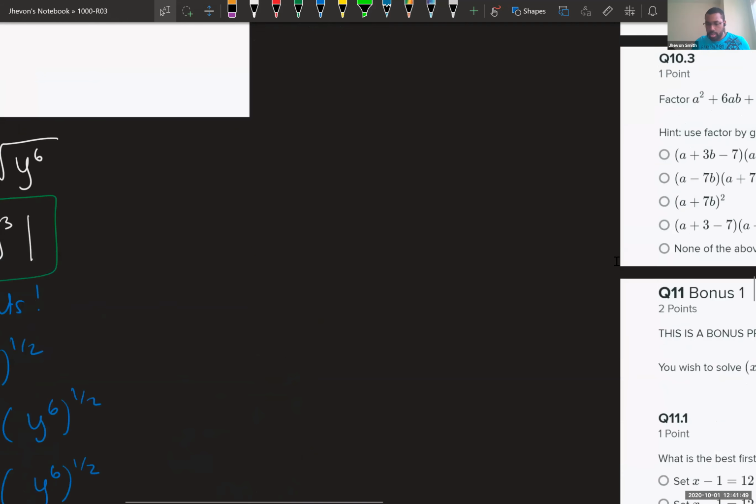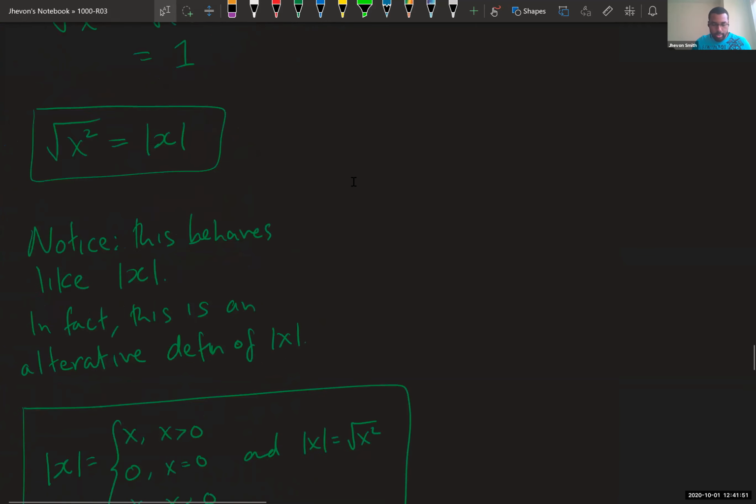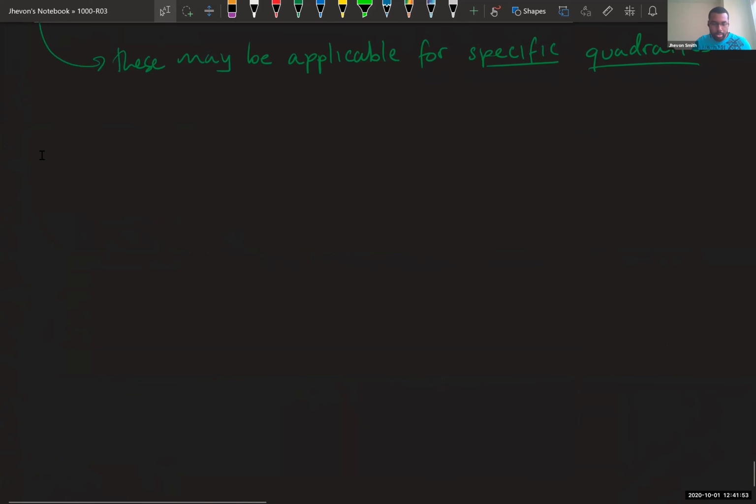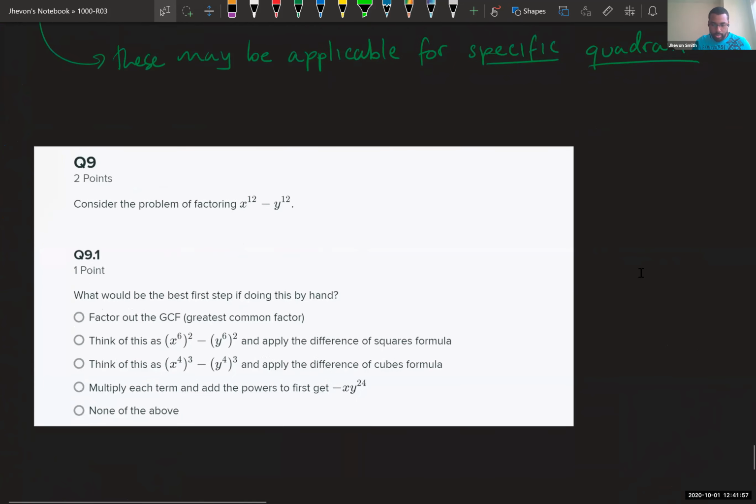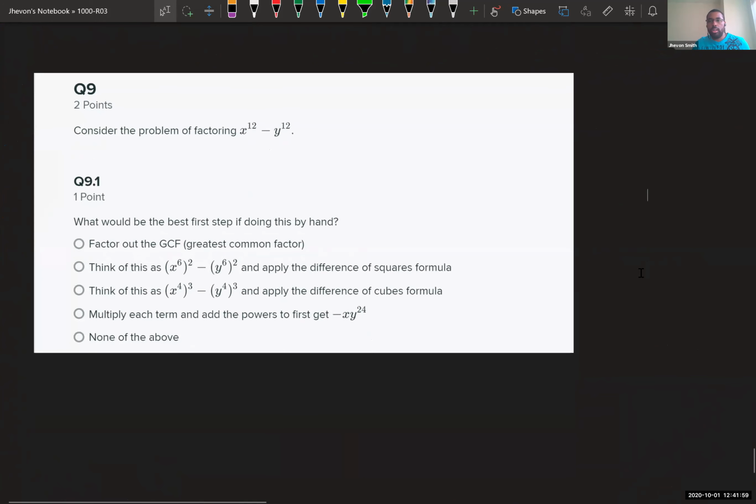We're sort of running low on time, but I think a lot of these nuances are very important to pay attention to. So this one I actually covered in our review session. What was the answer? In the review session, I gave you the example of x to the 6, y to the 6, but it's the same idea. Do you guys remember? What you would do first?